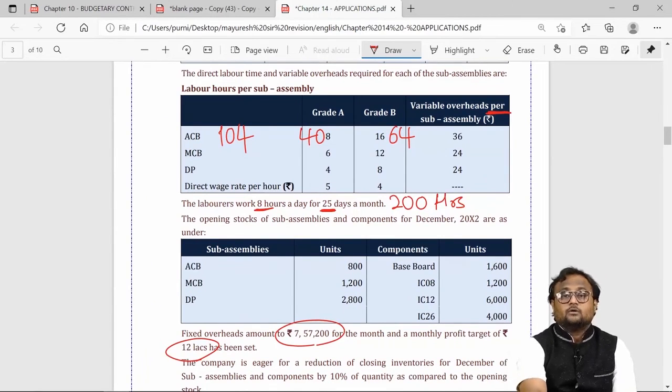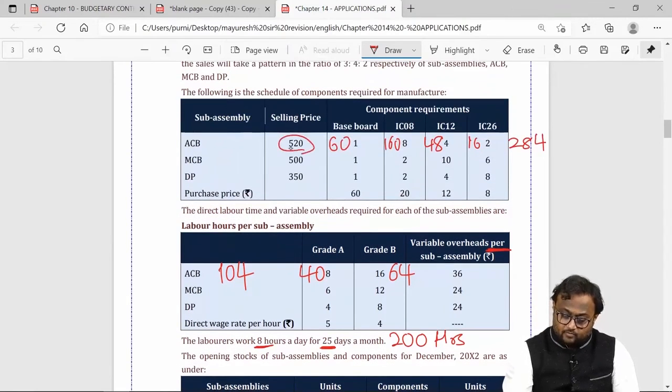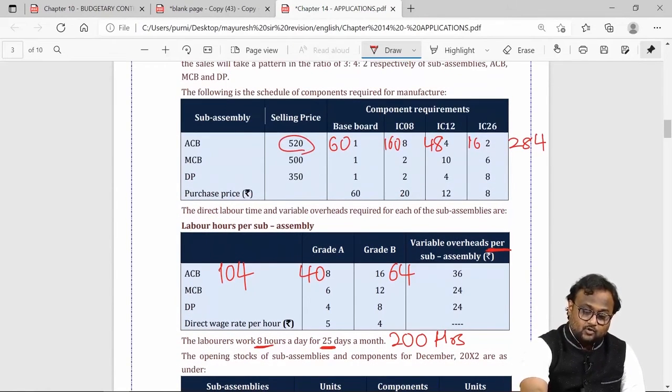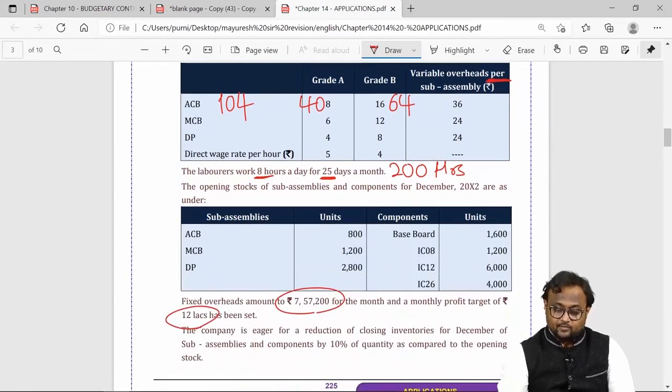So 284 material cost, 104 labor cost, and 36 will be your variable overhead cost. So 424 will be total variable cost, which will be subtracted from 520. Guys, you already have the solution, so there is no point in wasting time on it now.